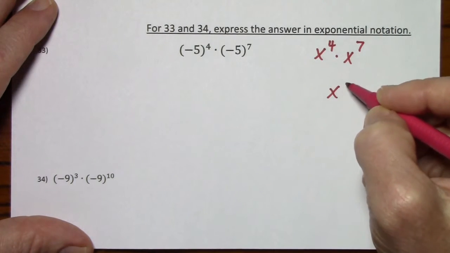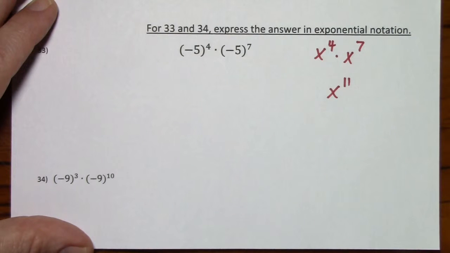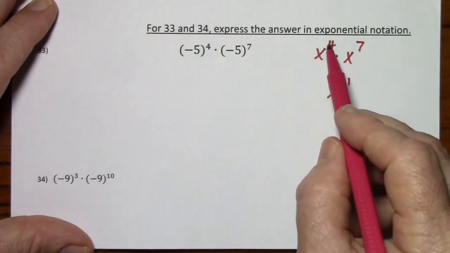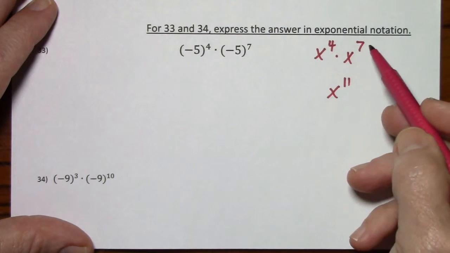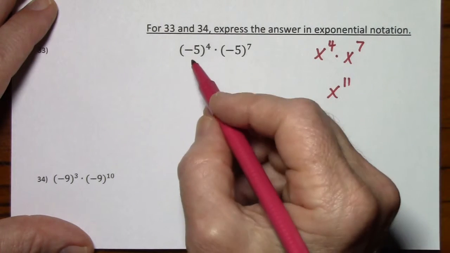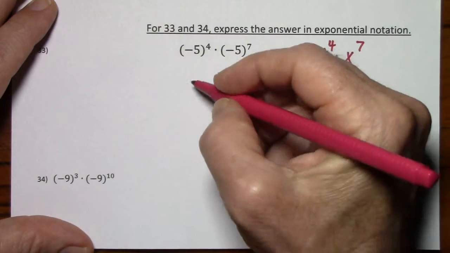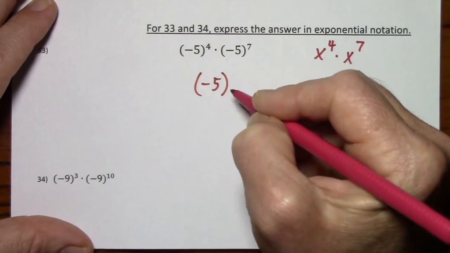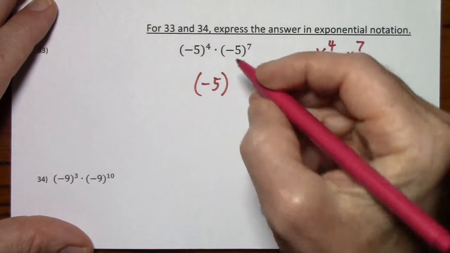That would give me x to the 11th. If the bases are the same and you're multiplying, you add exponents. This is the product rule. So here the bases are the same. I add exponents.